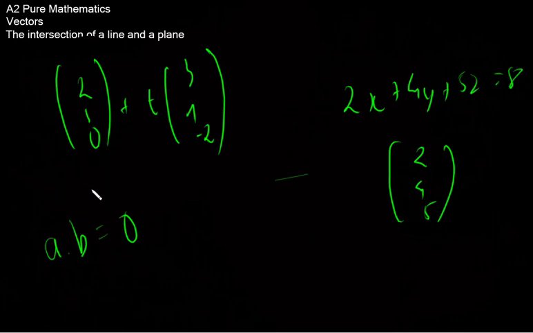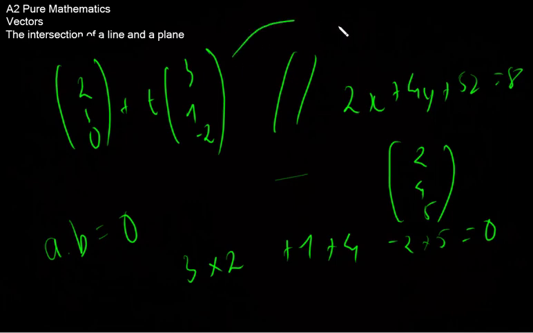So theta is equal to 90, and here we have 3 times 2 plus 1 times 4 minus 2 times 5. Now this is equal to 0: 6 plus 4 minus 10 equals 0. So these two are perpendicular, so the line is parallel with this plane.